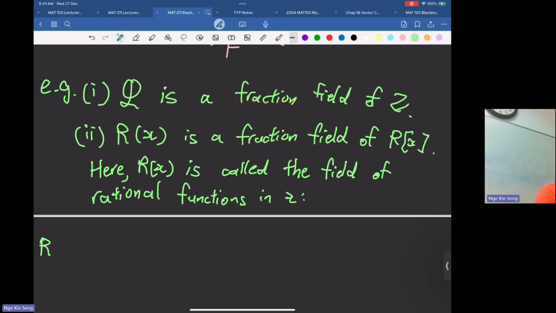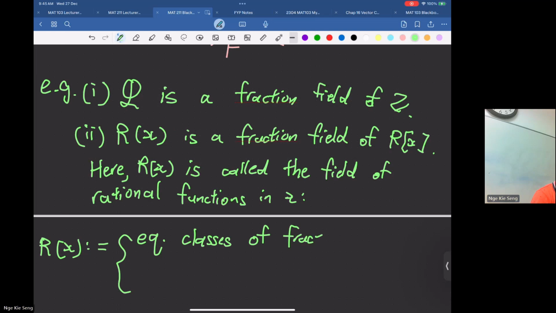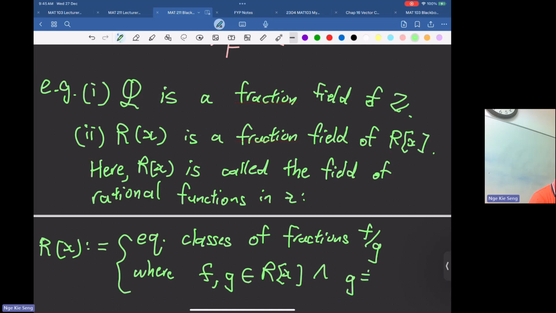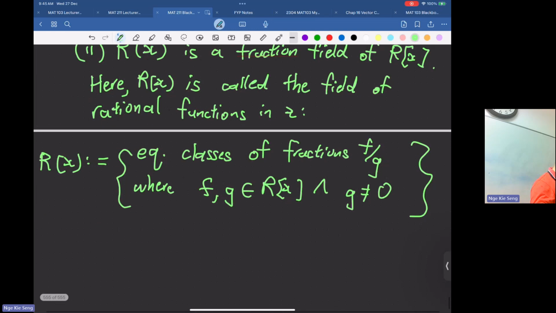And then what is this? By the definition just now, these are equivalence classes of fractions F over G, where F and G live in R[x], and G cannot be 0. So what can you find in here?